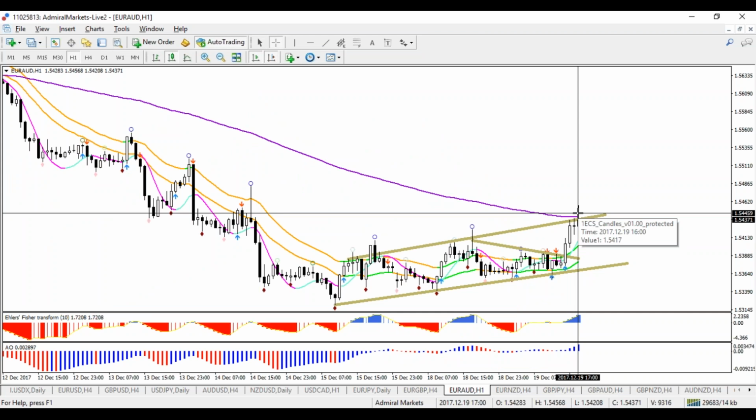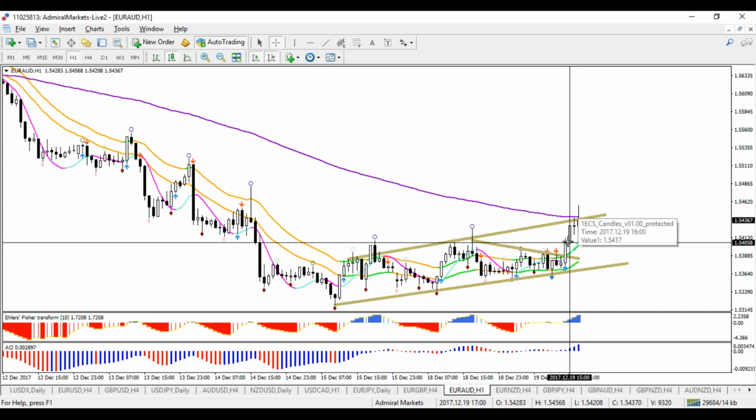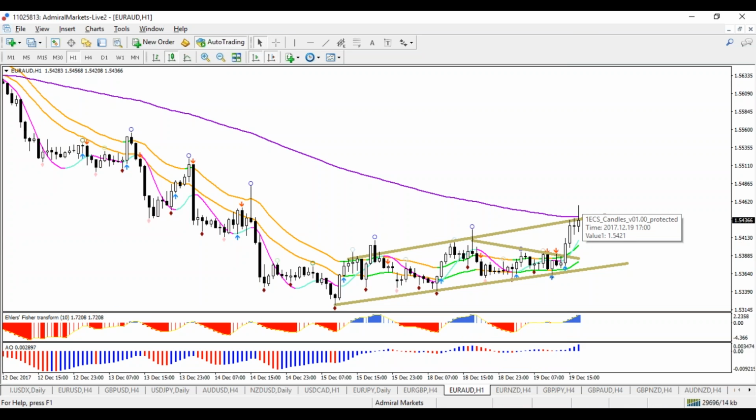So the trade was from here. This was the breakout candle, and it's moved 50 pips from that breakout candle. Now it's at that resistance spot. Wouldn't be too good, but I think that there is still potential for upside.